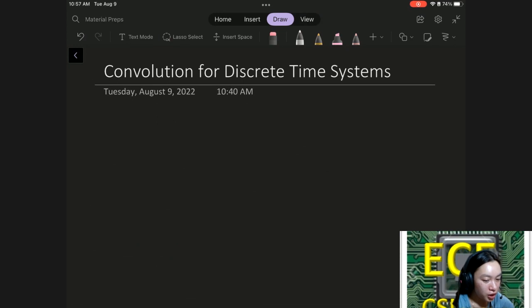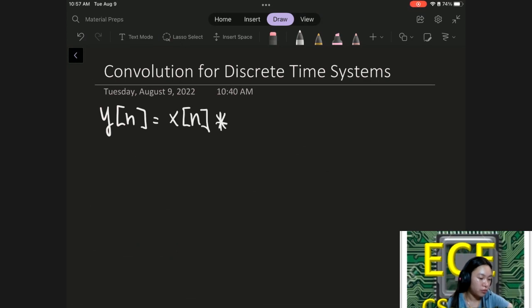The equation for a convolution for discrete systems is as follows. x of n convolved with h of n, which is the impulse response.